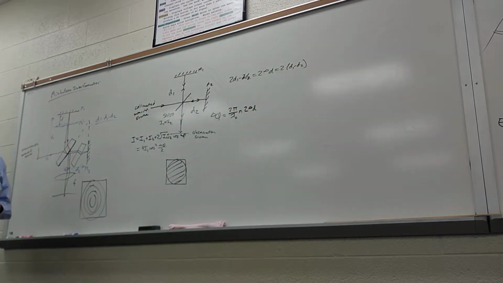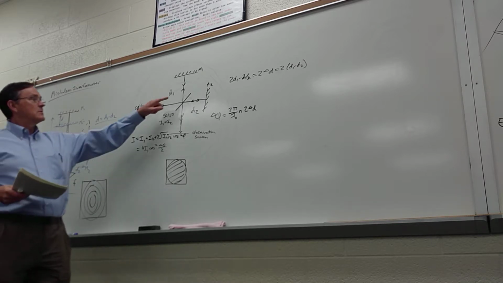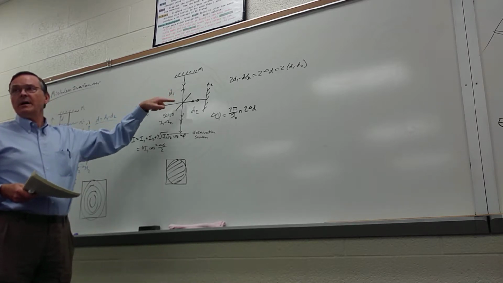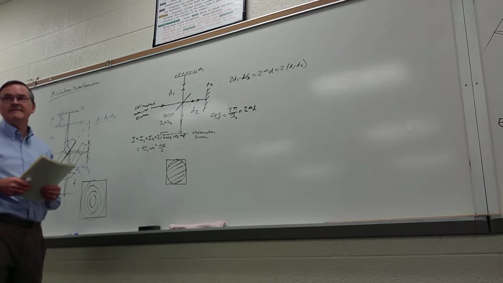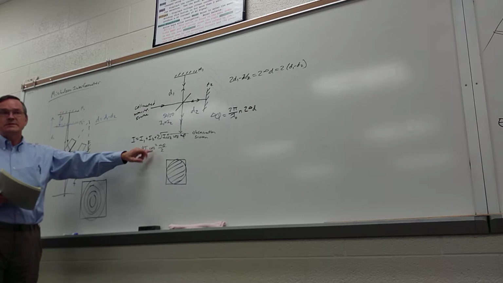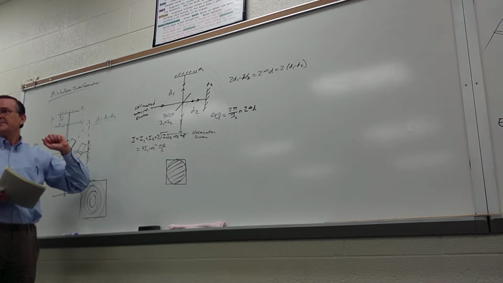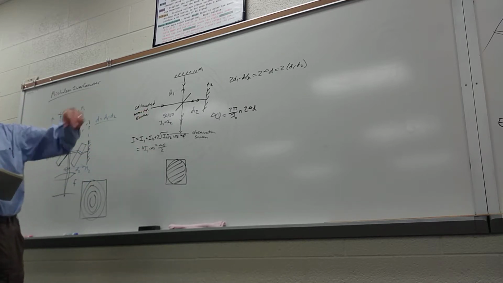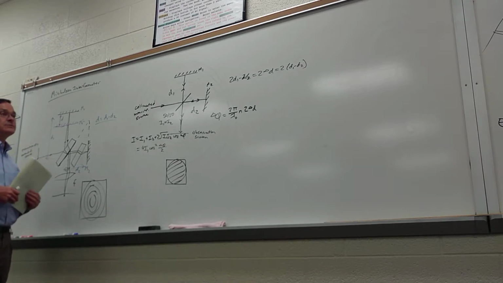It's just because we're traveling that path twice, up and back. Okay, so are you okay with the cosine squared instead of the sine squared? Okay, it's just because here we don't have that extra pi phase shift upon reflection.